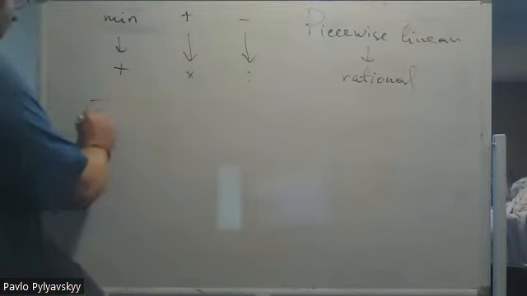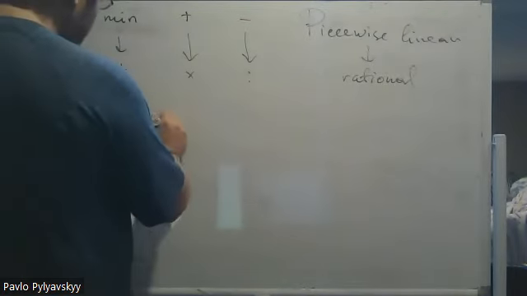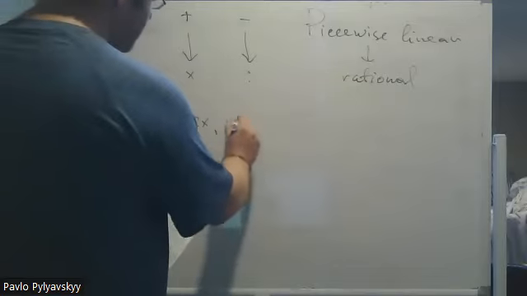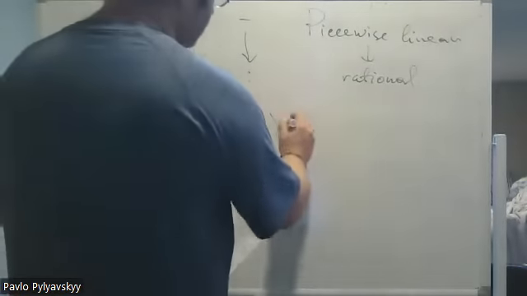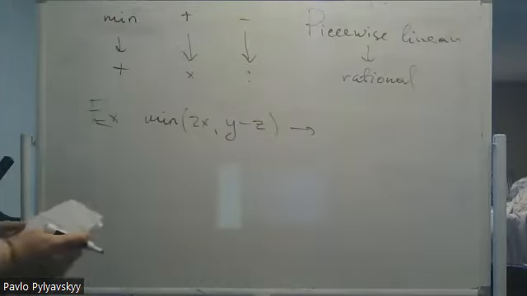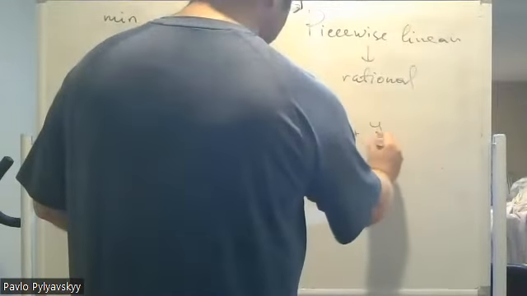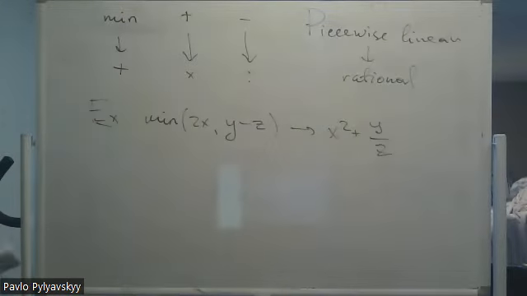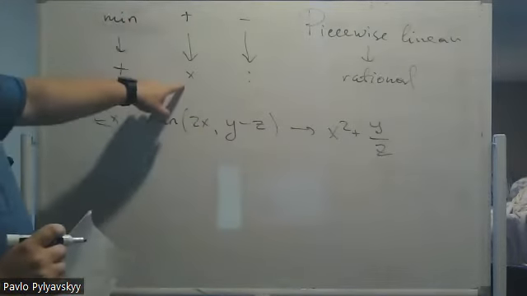Okay, here's an example. Let's say you have a formula, something like this: minimum of 2x and y minus z. This gets mapped into something like x squared plus y divided by z. Instead of x plus x, now we have x times x.